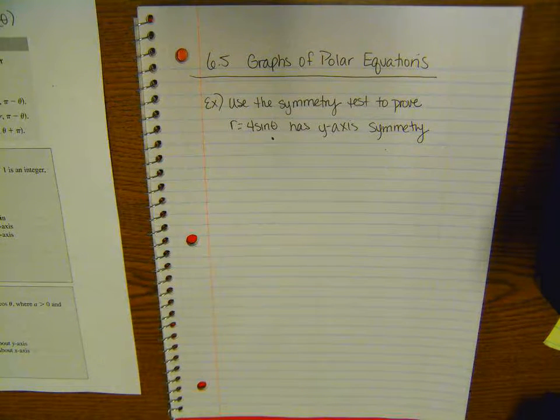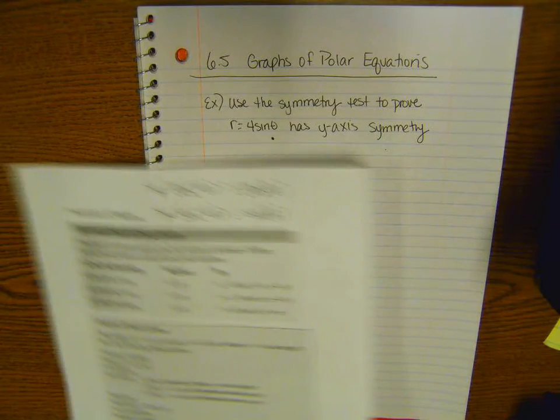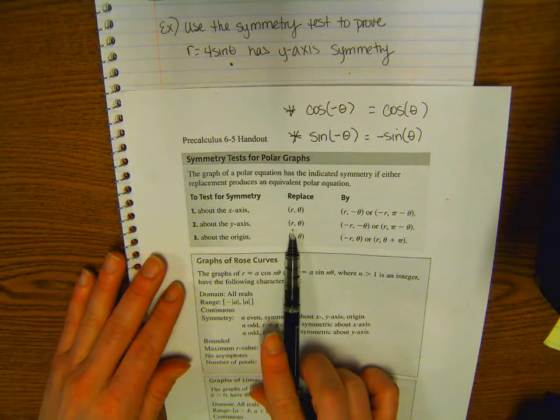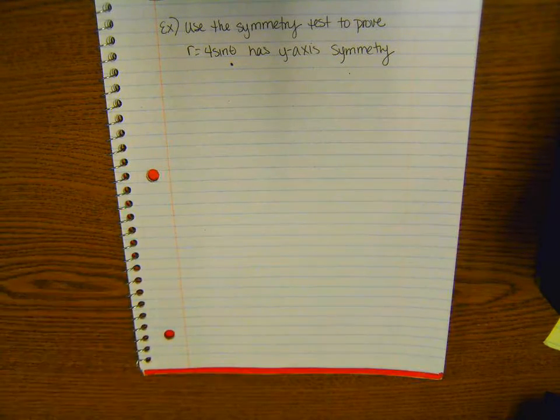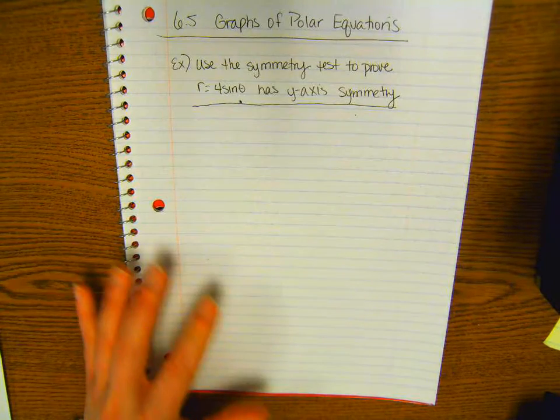So taking a look at our symmetry test, the y-axis was number 2, right? So what I'm going to do is replace r theta with negative r and negative theta. If I did that, what would my equation become?